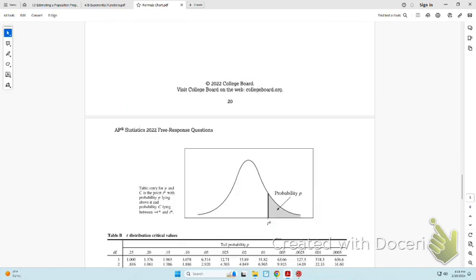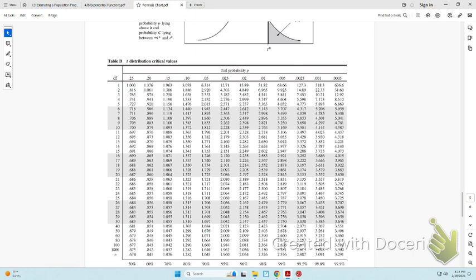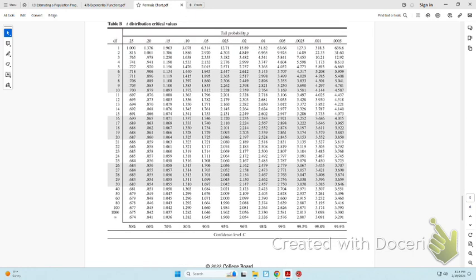This next thing that we're getting ready to talk about is called the T distribution. But down here are Z values, that infinity row. And look right here. They could ask you any of these confidence levels, and the corresponding critical Z-value is right above it.